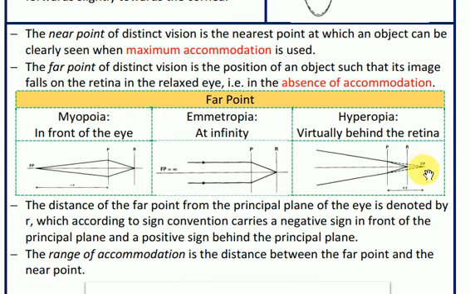In hyperopia, it is virtually behind the retina. The distance of the far point from the principal plane of the eye is denoted by r, which according to sign convention carries a negative sign in front of the principal plane and a positive sign behind the principal plane. The range of accommodation is the distance between the far point and the near point.